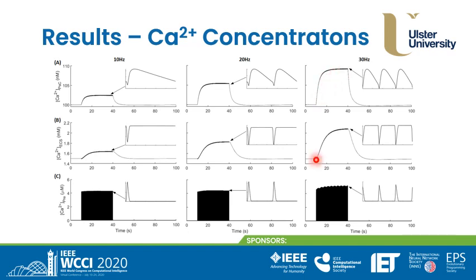And in the synaptic cleft, as the stimulation frequency increases, we can see that the synaptic cleft rises by about half a millimolar. And also in the presynaptic neuron, we can see the concentration rising to about 5 micromolar. And theoretically, this should be enough for synaptic transmission to occur.